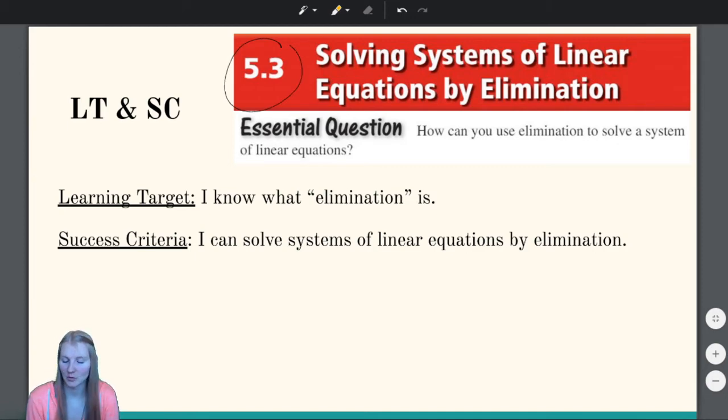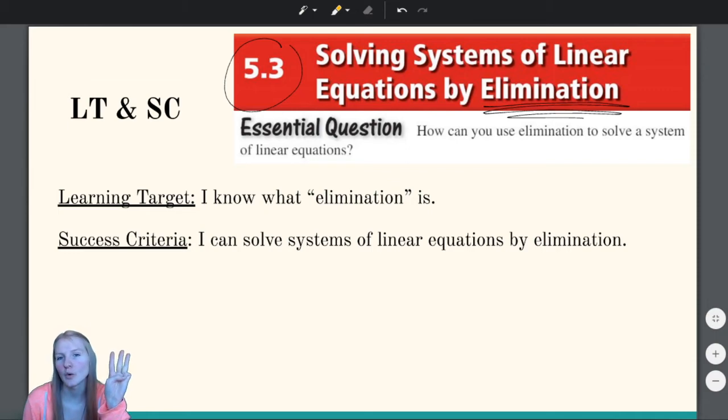5.3 is about solving systems of linear equations by elimination. Okay, so 5.1 was solving systems of linear equations by graphing. 5.2 was solving systems of linear equations by substitution.